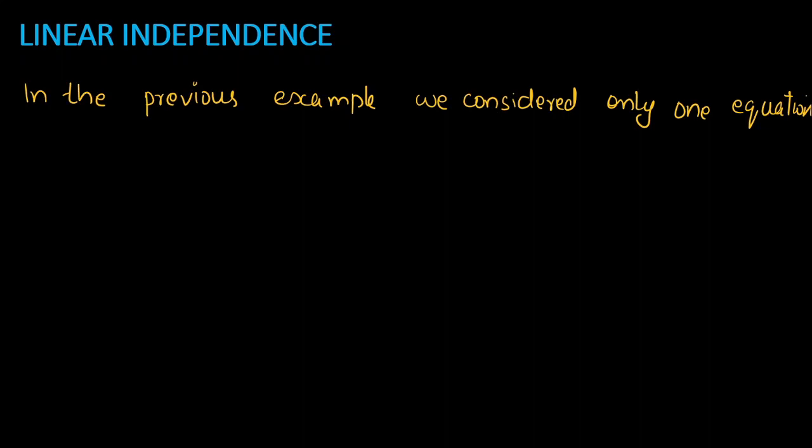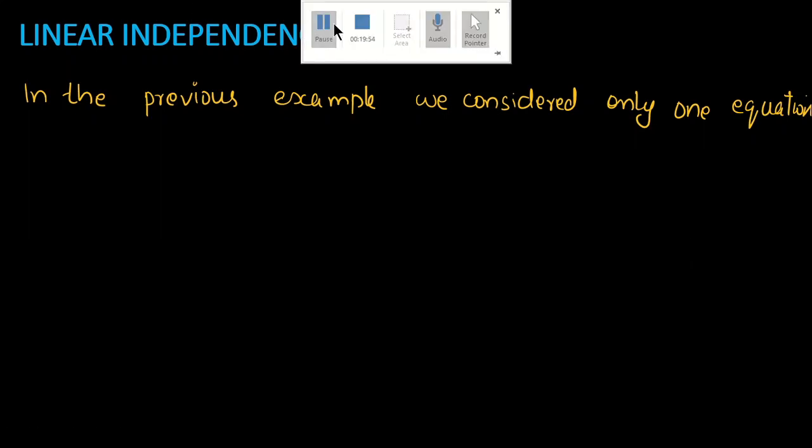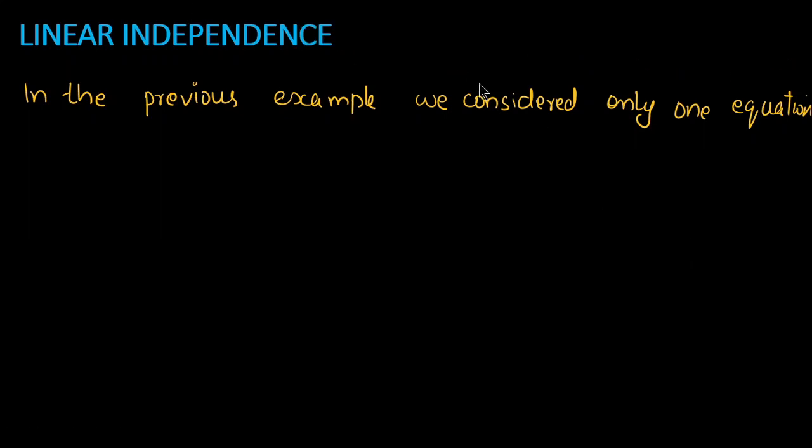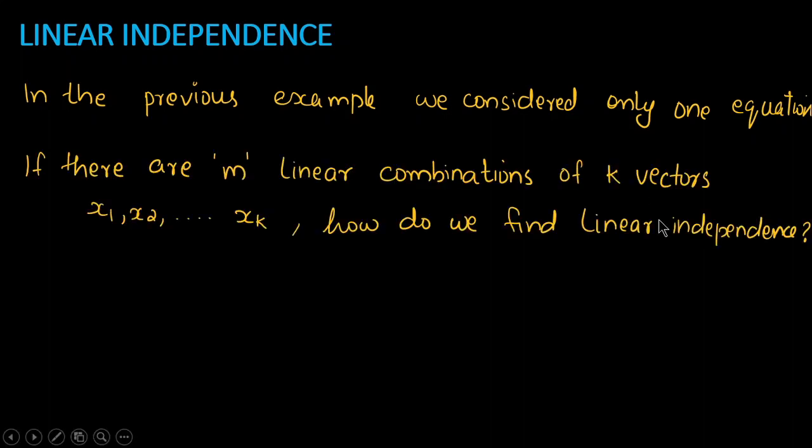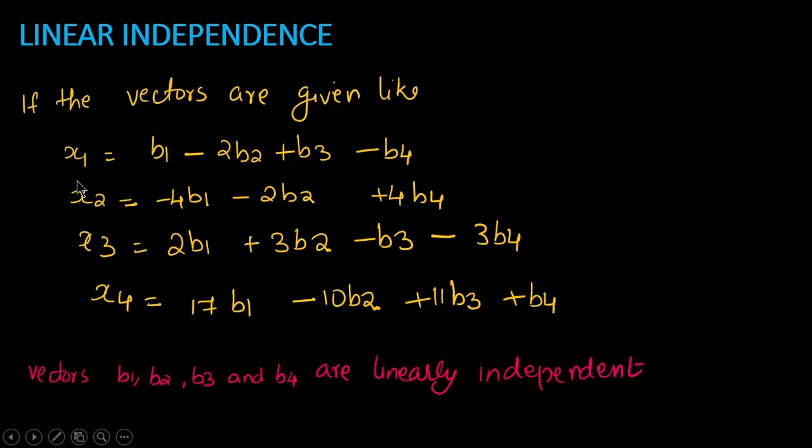Linear independence. In this previous example, we considered only one equation. Now, if there are m linear combinations of k vectors x1, x2, up to xk, how do we find the linear independence? Suppose the vectors are written like this.